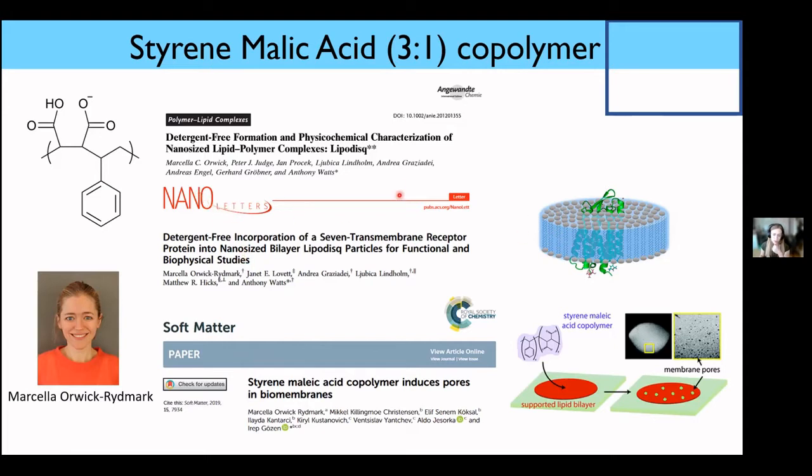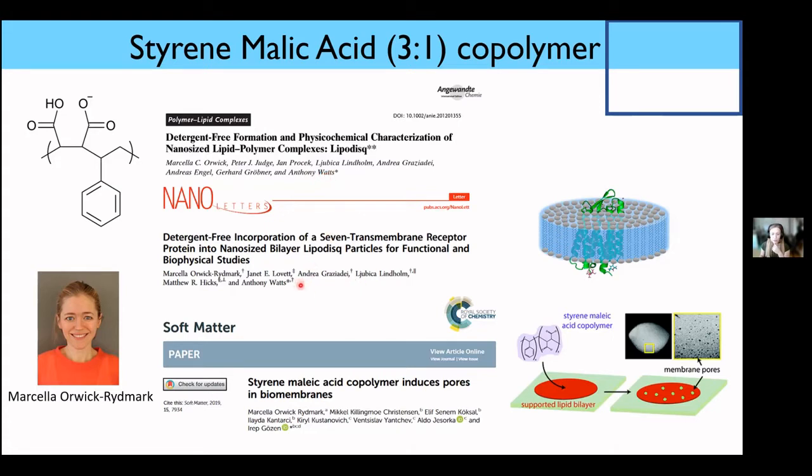So she has this quite early paper where they characterize this lipodisc SMA 3:1 copolymer when it formed nanodiscs from DMPC bilayers, using techniques such as DLS, cryo-TEM, EPR and DSC.